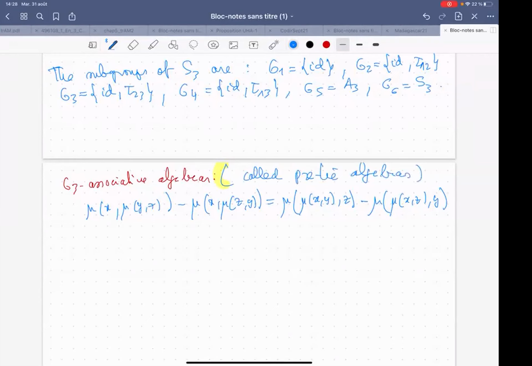Okay. And if you take G2, then you get a similar thing, which displays only a permutation between y and z. If you do it for between x and y, then this is given by G2 associative algebra.